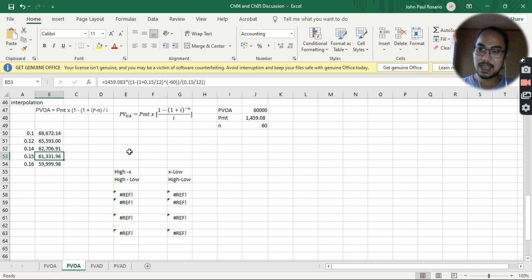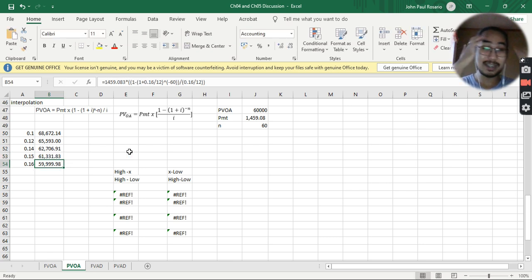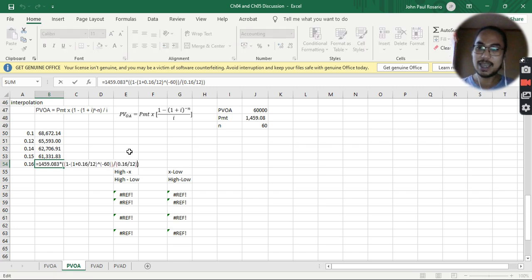So let's go for one. Say 0.15, that should give us 61. Not yet a hit. Let's go for 16%. So for 16%, like that, and then 0.16.